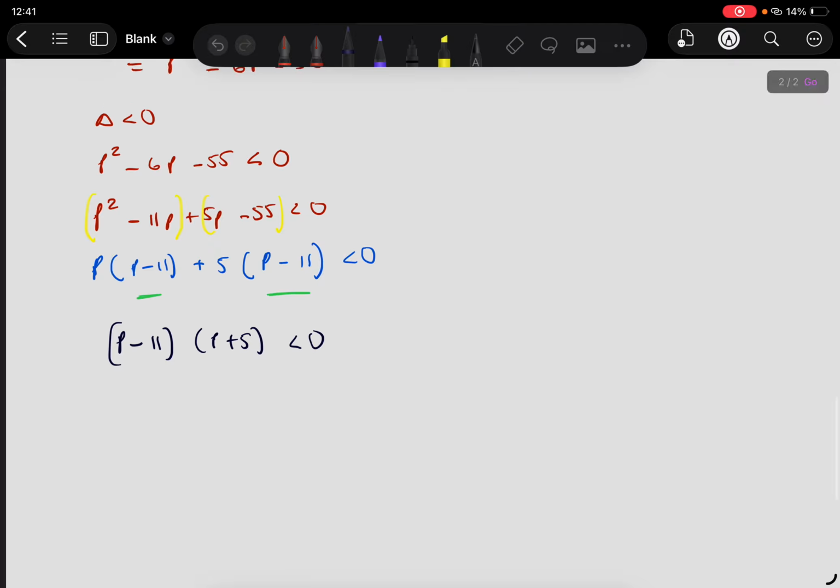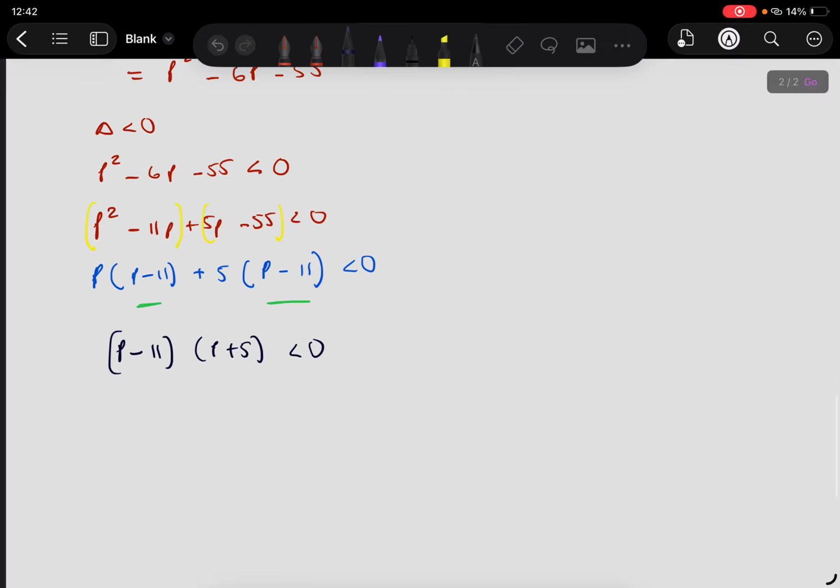Now, when you get a question like this, you can maybe draw a sketch, because this is your parabolic function. You can draw a sketch just to see that when you use your interval, you're using it correctly. So our a is positive for this type of function, which means it's a smiling function, right? So it is a function like this, where you will have your two roots there.